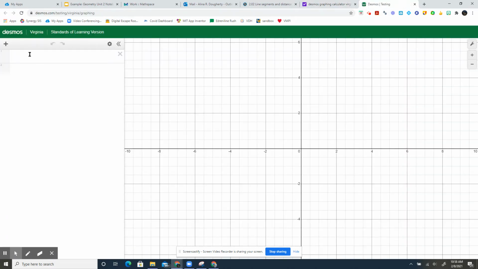There we go. So then we can put in our ordered pair, and I think it was 1, -2. We can label it, and -1, -1, and we can also label it, right? And then we can definitely look at that, and it makes it a little bit easier to look at.